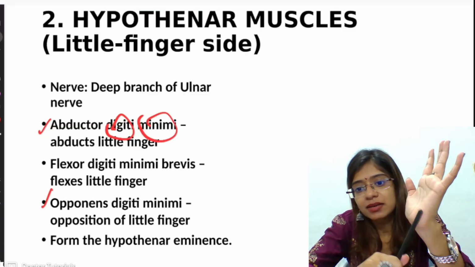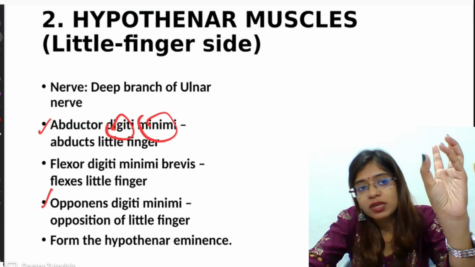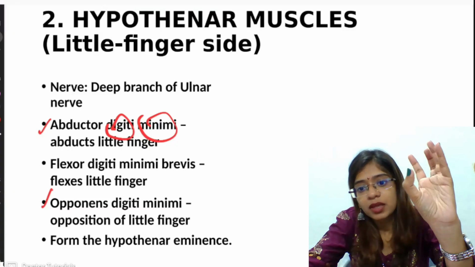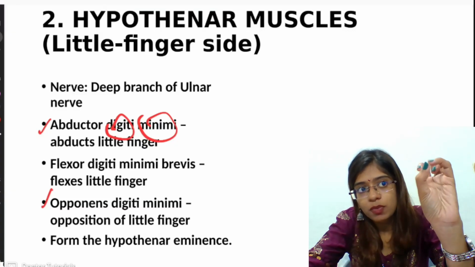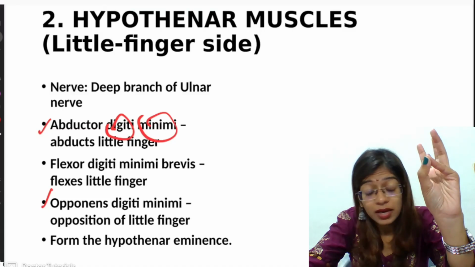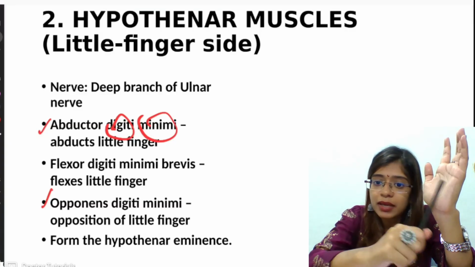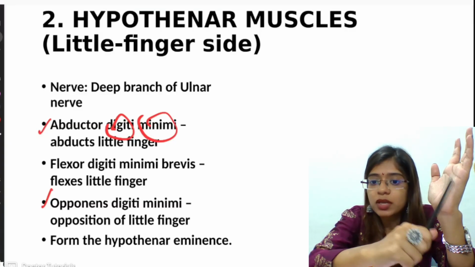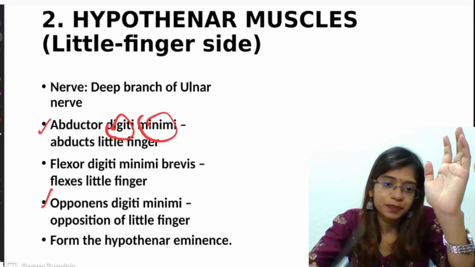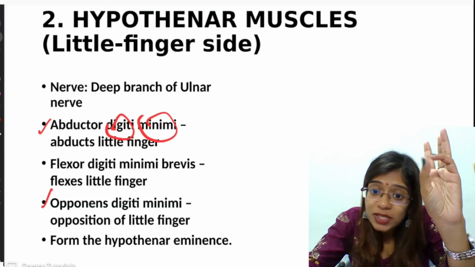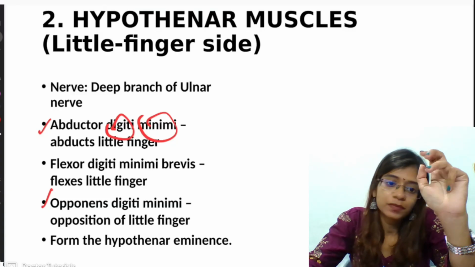This muscle helps in opposition, for this action, little finger and thumb. I can connect them together because my opponens digiti minimi of this hypothenar group is working well. So opponens digiti minimi helps in opposition of the little finger.